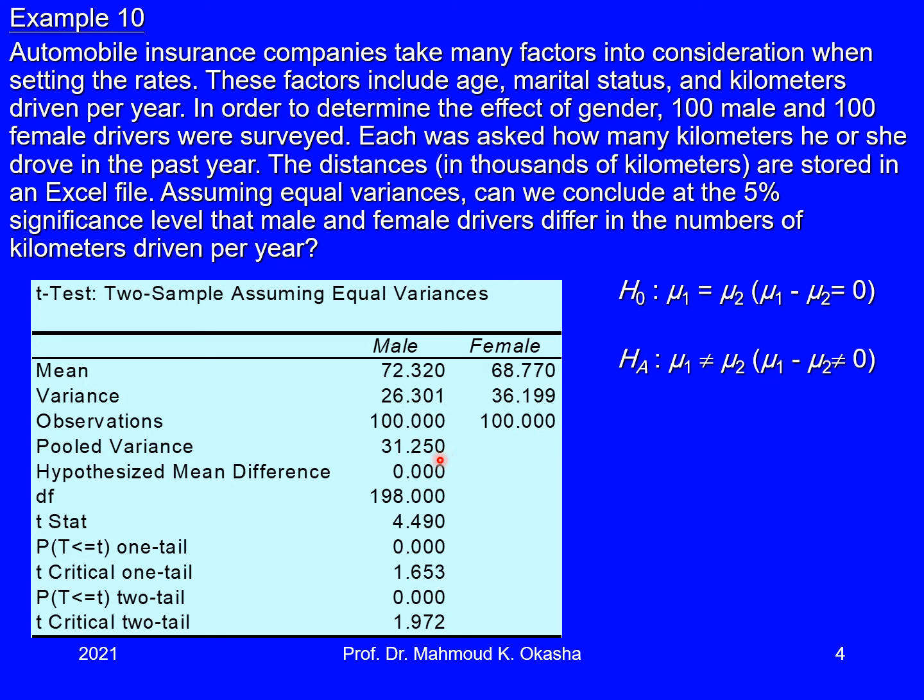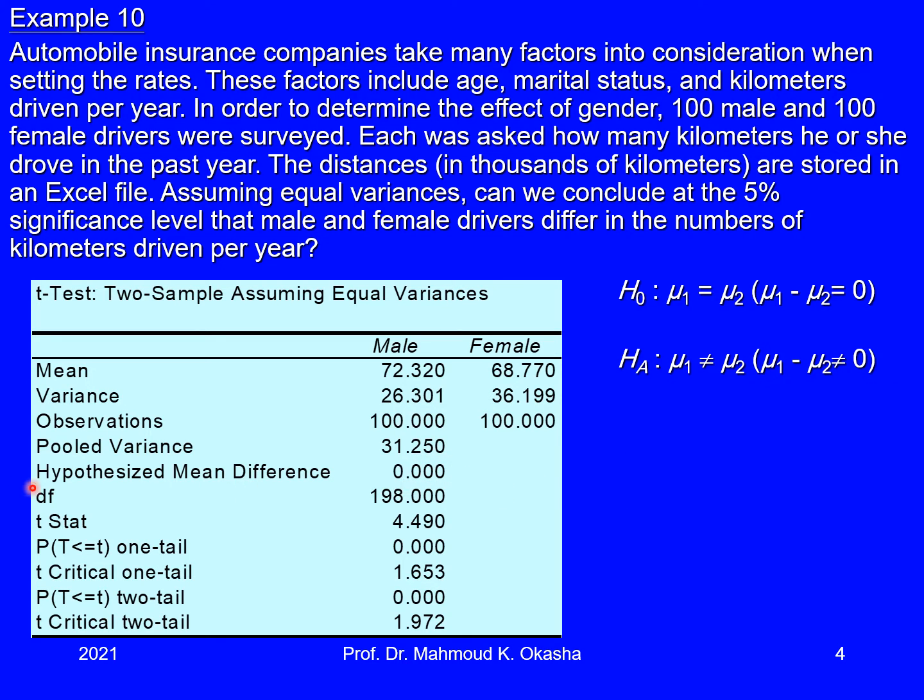Pooled variance is the variance calculated from both samples. We assume that they have the same variance, so instead of computing the variance from each sample separately, we calculate it from the 200 observations. That's what we call the pooled variance, and it is 31.25.